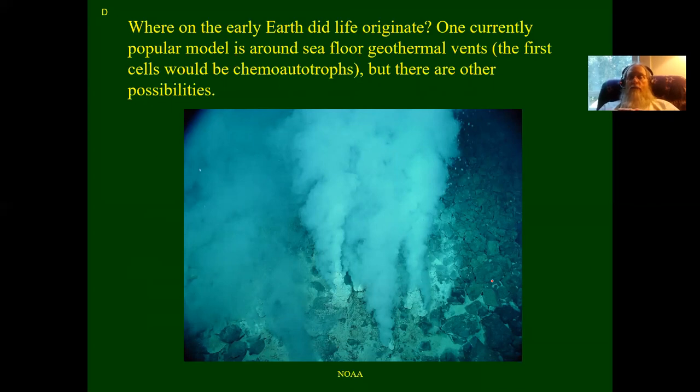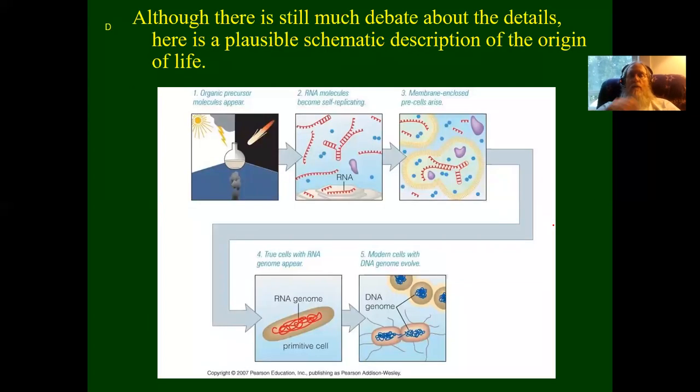On the seafloor today, these geothermal vents are actually the anchors of little ecosystems with bacteria and archaea living off of the chemicals coming out of the vents and then other things feeding off of them. And that would be, in at least two of our three possible dimensions we talked about on how to classify metabolism, the first organisms in this case would have been chemoautotrophs. There are other possibilities, but this is a popular one. We'll see there's probably some evidence for that, which we'll get to in the next video.